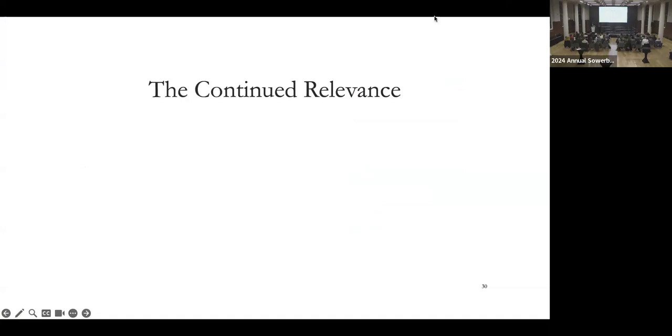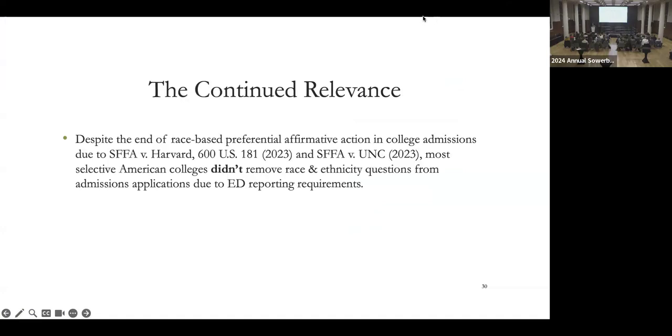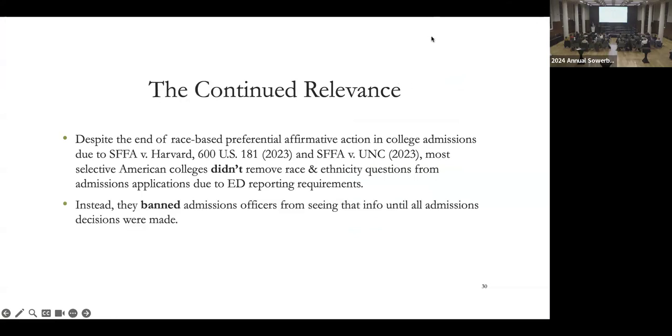And in fact, we had a very famous Supreme Court decision that made consideration of race unlawful in college admissions, which was something that we were doing since 1978. There were different reasons for why people wanted to remove it. But in any case, because of the Department of Education reporting requirements, the universities that were using this kind of language before in applications are still using it.